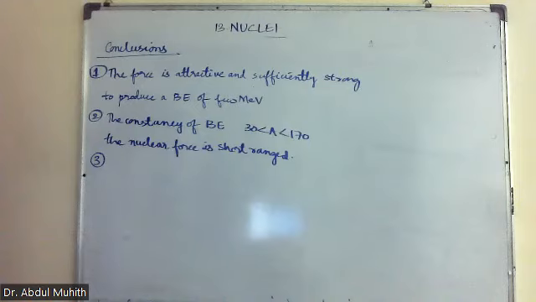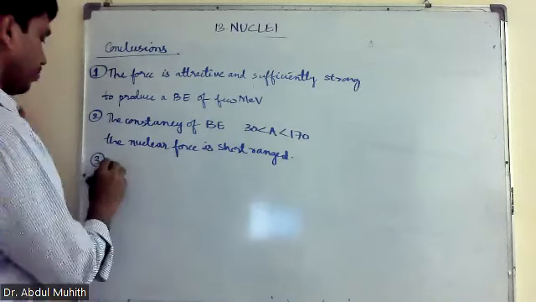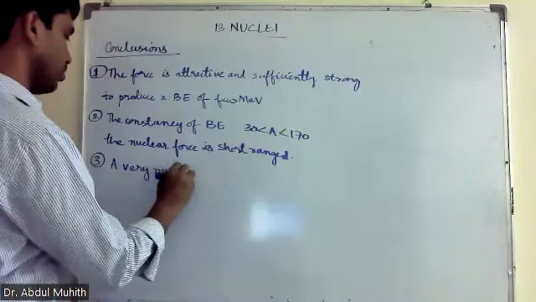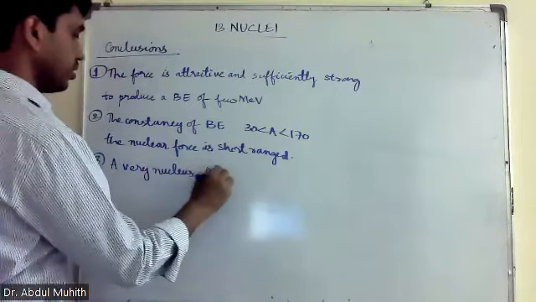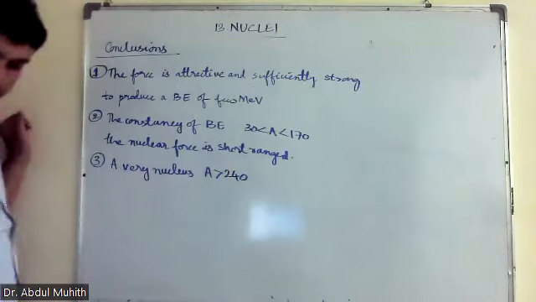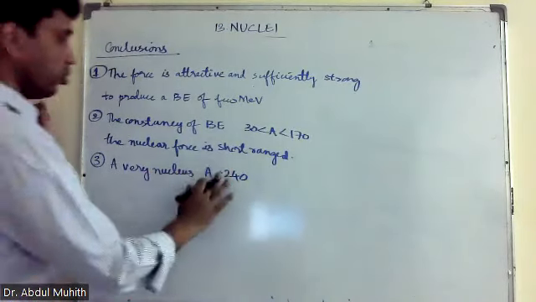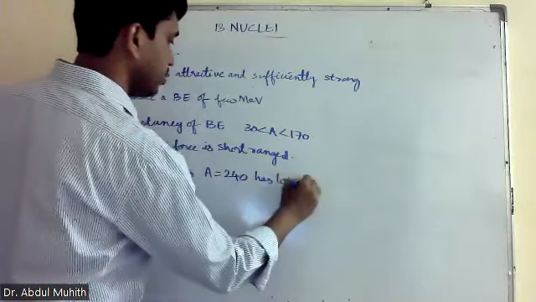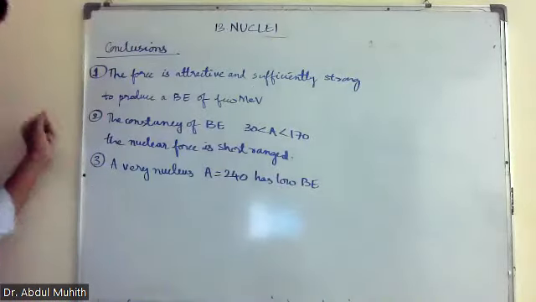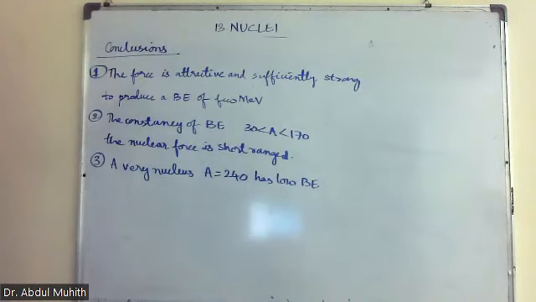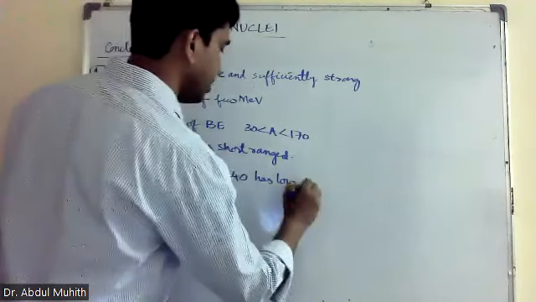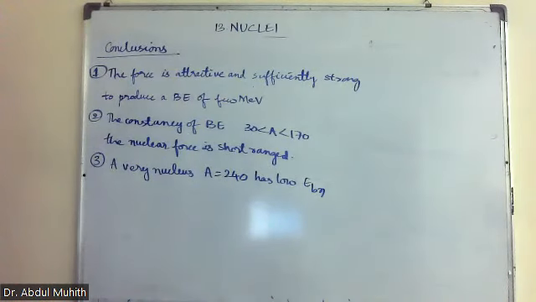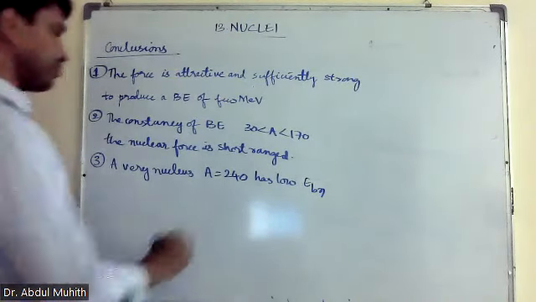A very heavy nucleus, A greater than 240, has low binding energy per nucleon, EBN, compared to that of A equal to 120.